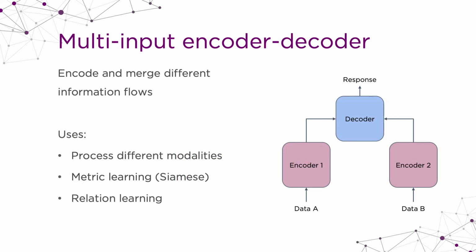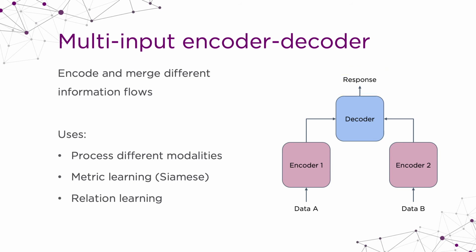Also, we can have multiple-input encoder-decoders. Let's say I have different information flows, one for encoder 1, one for encoder 2. I will have this pattern where all my flows will be associated to a branch in my network, and all these branches will provide me a representation. Then I will merge this representation, aggregate them, and give it to a decoder that will predict the response. So I can process different modalities.